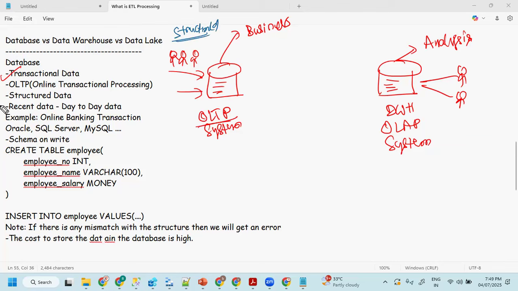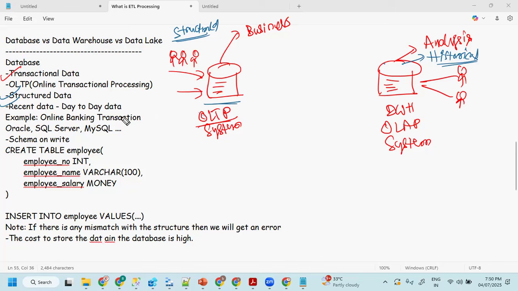This system is going to have day-to-day transactions. But in this place, we are going to have historical data. Recent data or day-to-day transactions you're going to have as part of this OLTP system.